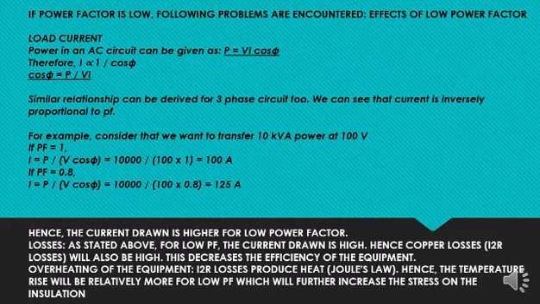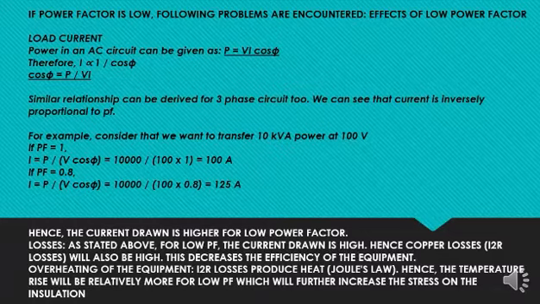Therefore, the current I, in amperes, is proportional to 1 over cosine theta.